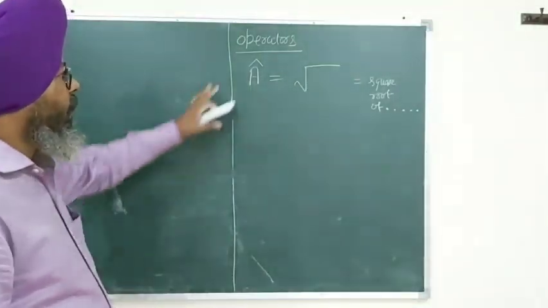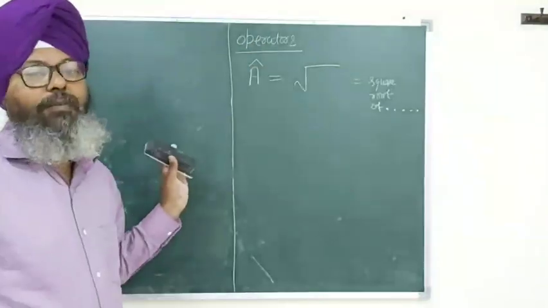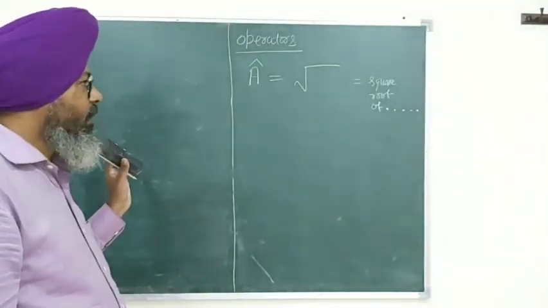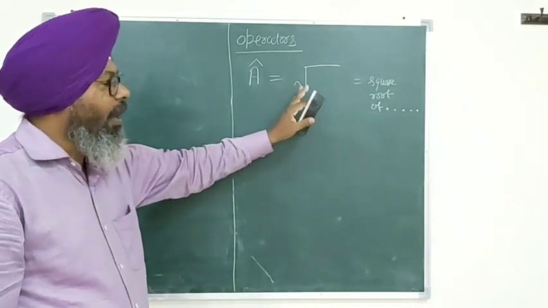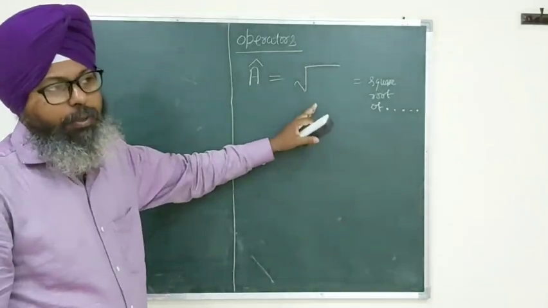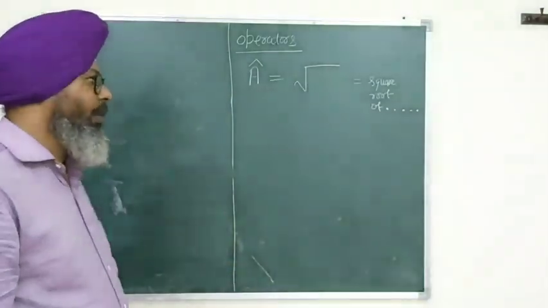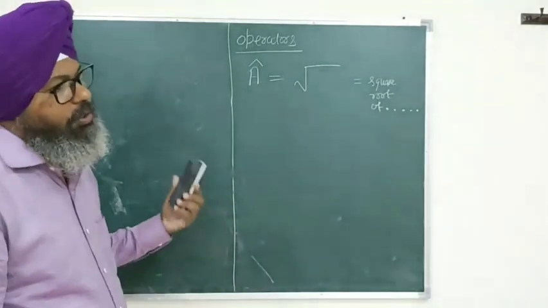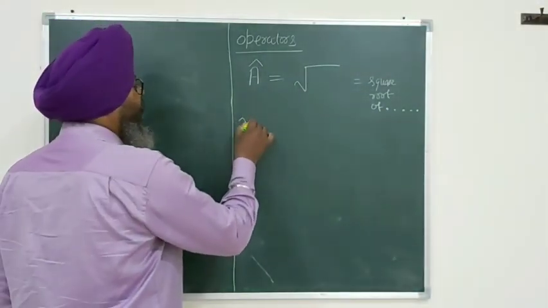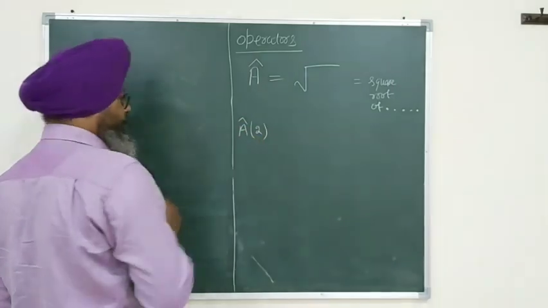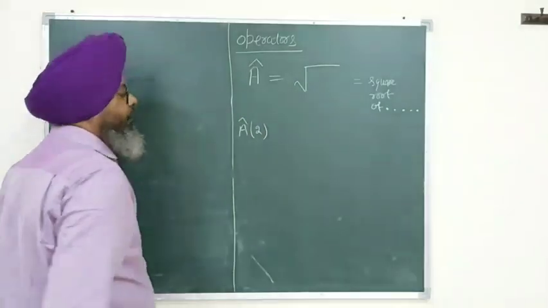Now this A cap is an operator whose process has been well defined. What is the process that has been well defined in this? Whatever argument, whatever input will be given to this operator, that operator is a square root, it will just take its square root. For example, if I write A cap 2, kindly remember A cap and 2 are not multiplied.